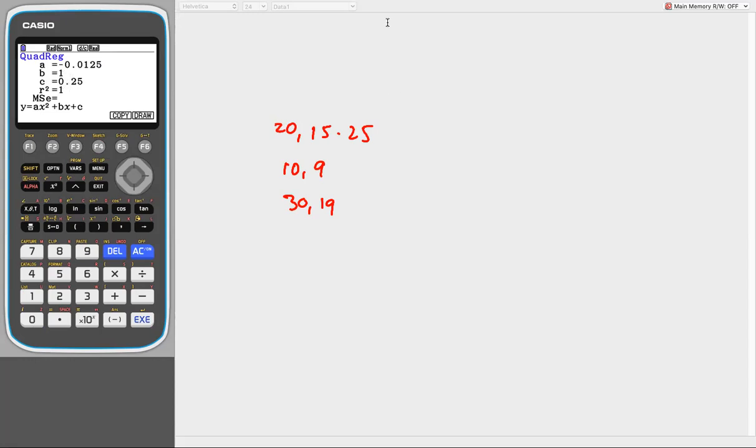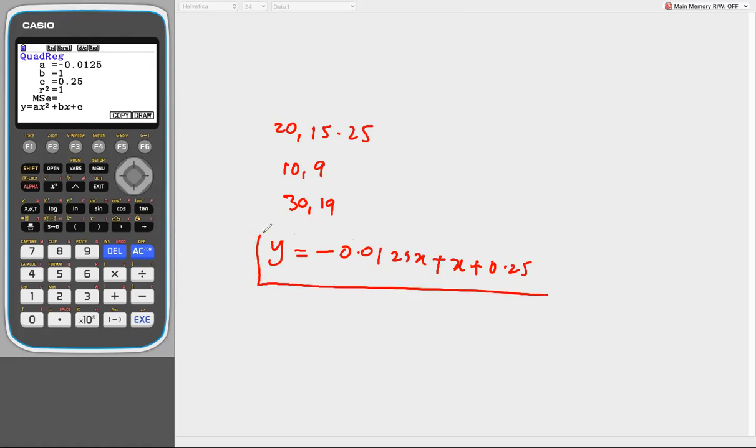We get the equation y equals minus 0.0125 x squared plus x plus 0.25. So straight away you can get a quadratic or cubic equation according to your requirement. Also, you can click on draw and see how the graph looks.